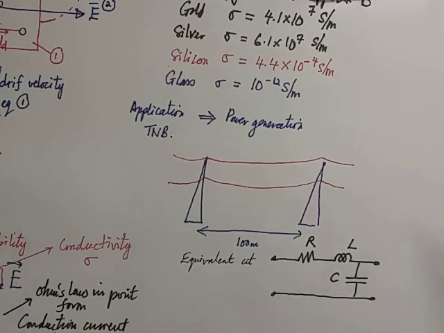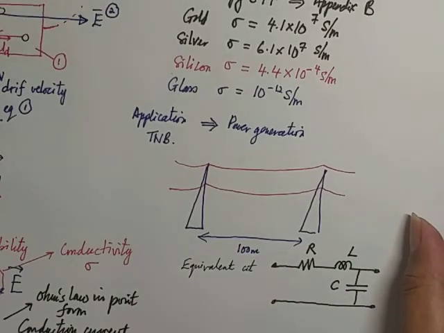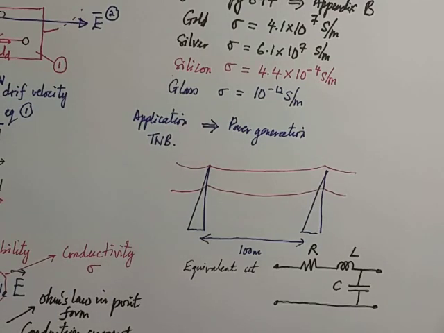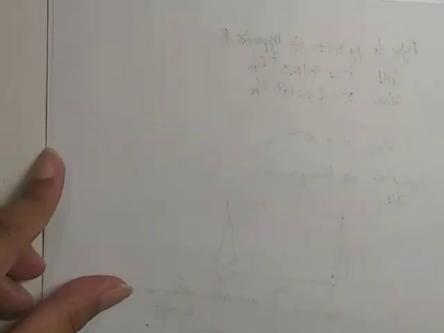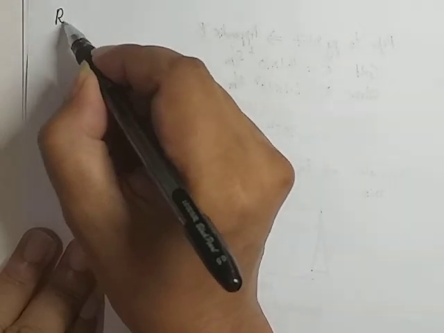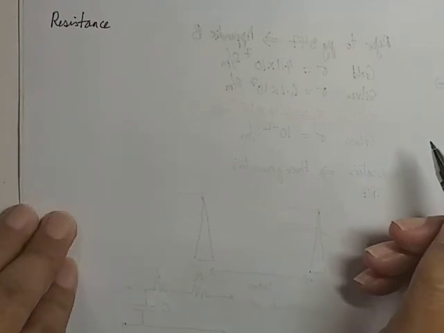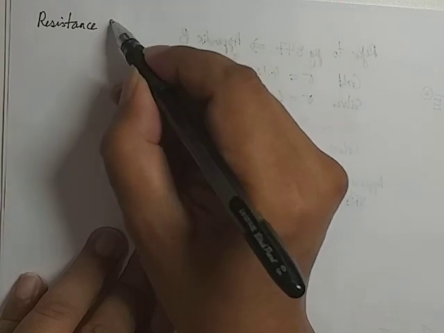You have learned about the method of finding resistance in circuit theory using Ohm's law. But in our scenario here, we are going to calculate resistance using another method. We call it the field theory approach. Therefore, what we're going to do now is find resistance using field theory.